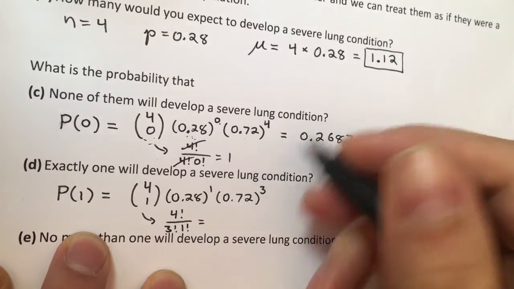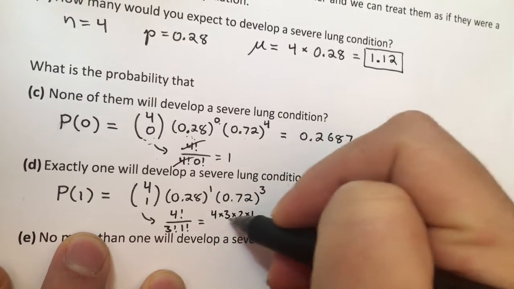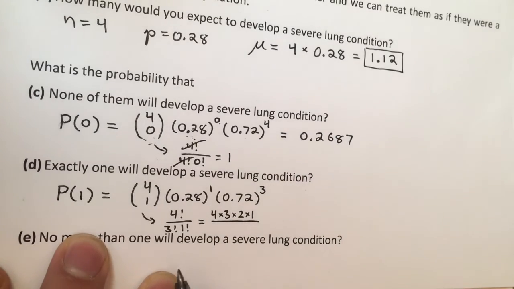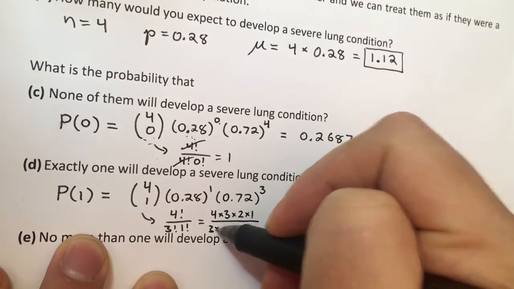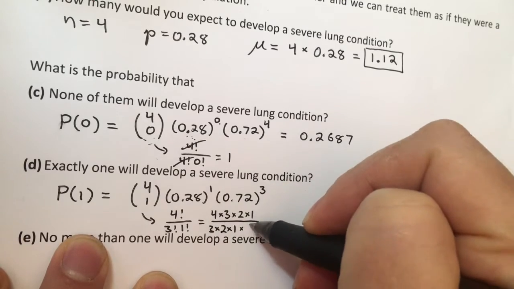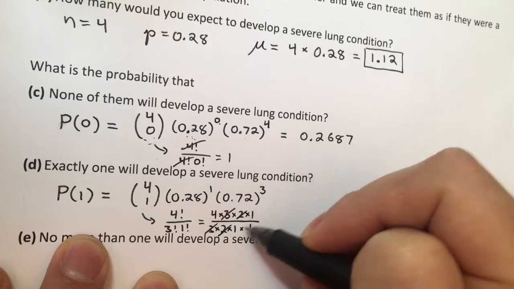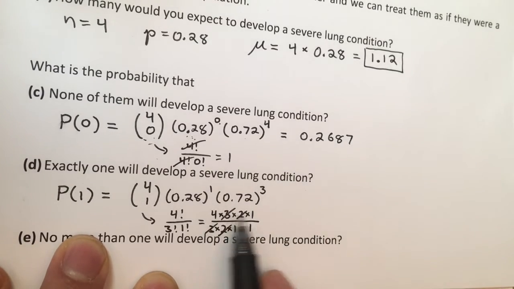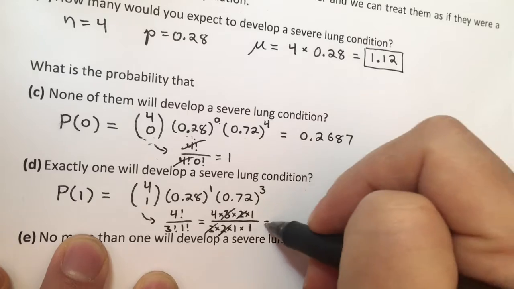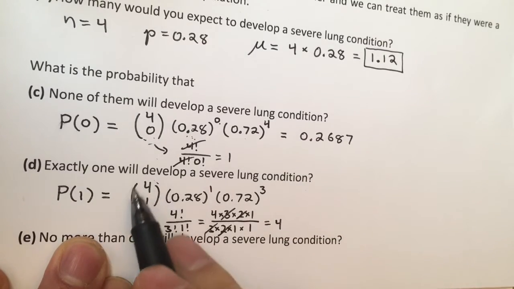Well, write that out. It's 4 times 3 times 2 times 1, that's 4 factorial. 3 factorial is 3 times 2 times 1. And 1 factorial is just 1. So a lot of this stuff cancels. So I just have 4 times 1 divided by 1 times 1. That's just equal to 4.